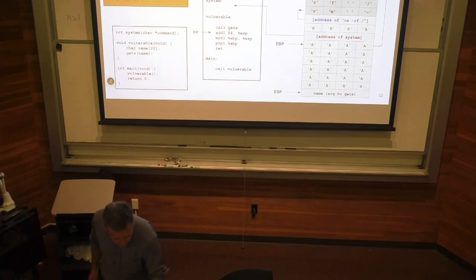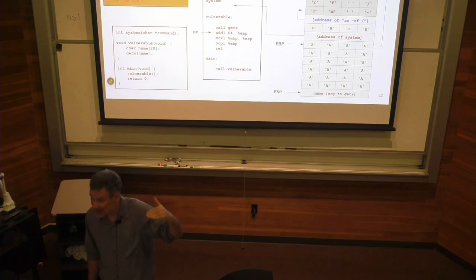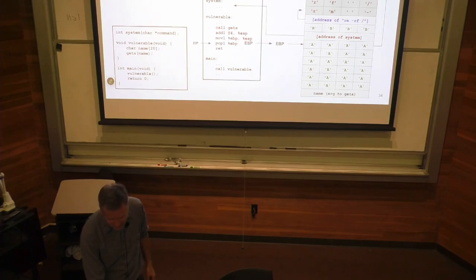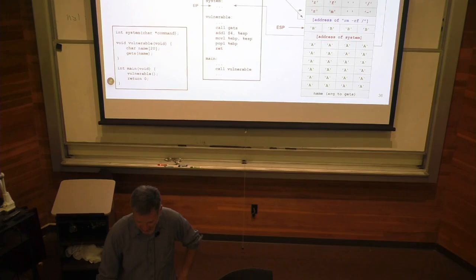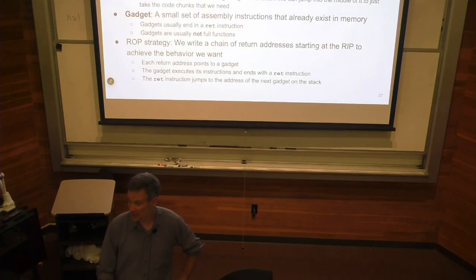Okay, so I could walk through executing each individual line of assembly code and see what it does if we've set up the stack like this. What you'll see is that this executes through the vulnerable function, and when it returns, it starts executing code at the system function. The system function expects its first argument to be 4 bytes above the initial ESP, and so it will use that as its argument.